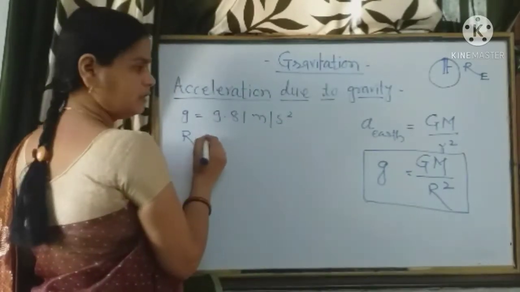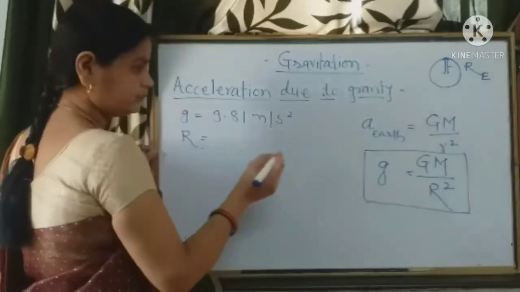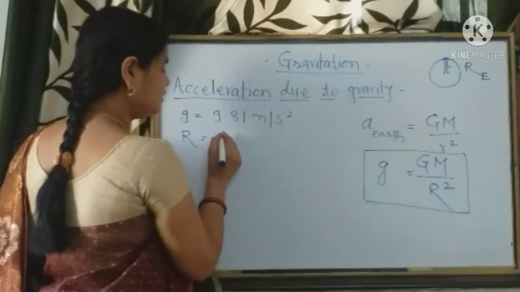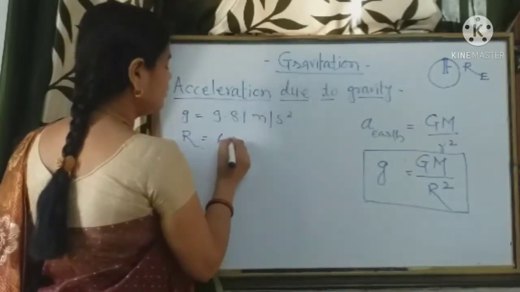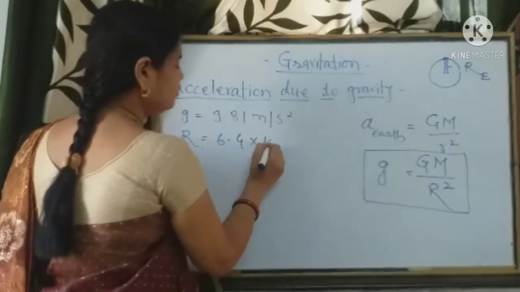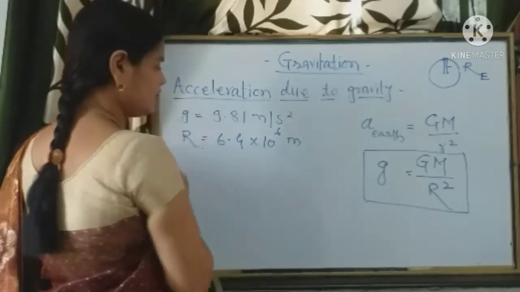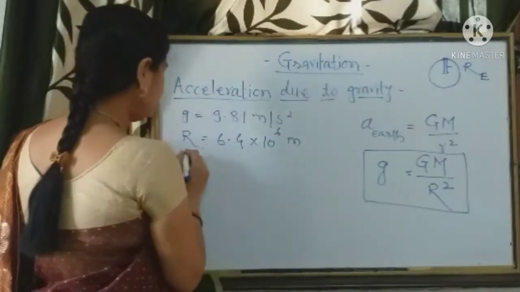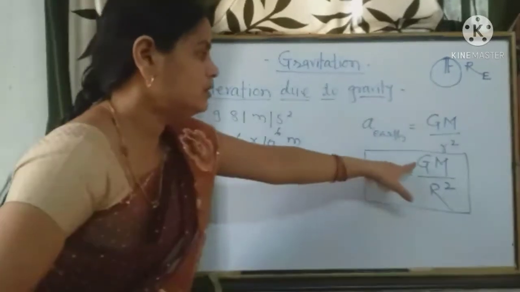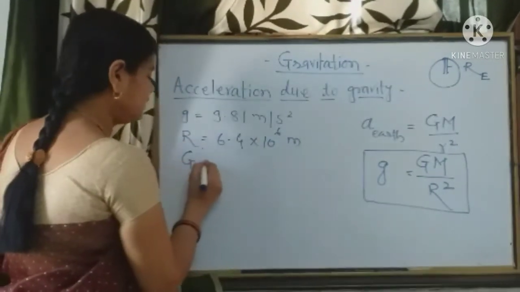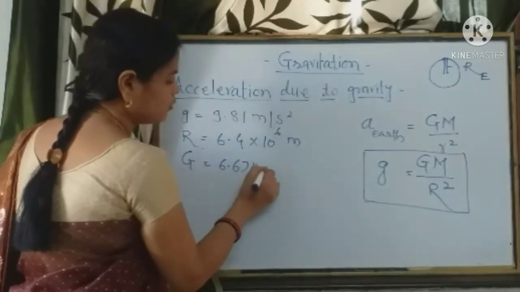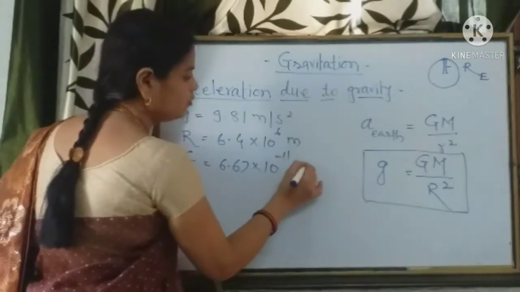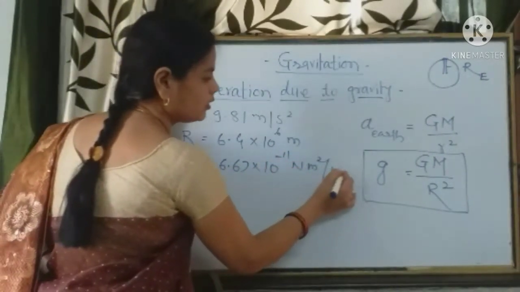The radius of the earth is 6.4 into 10 to the power 6 meter. And the universal constant G is 6.67 into 10 raised to minus 11 Newton meter square per kilogram square.